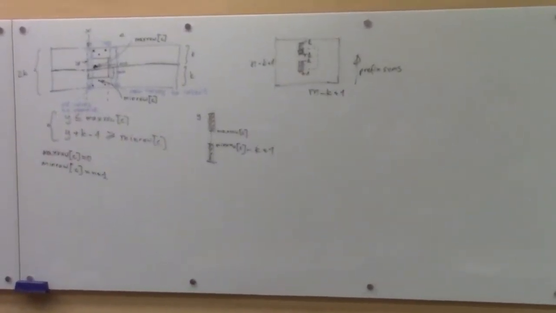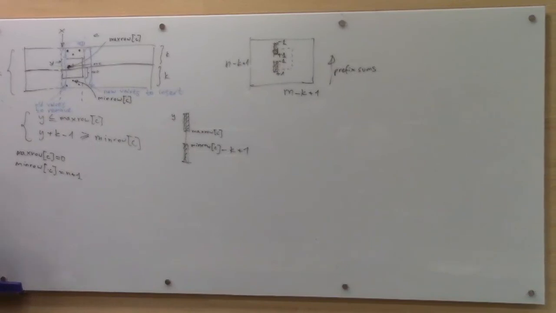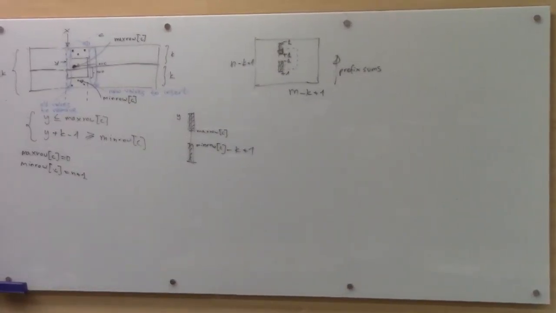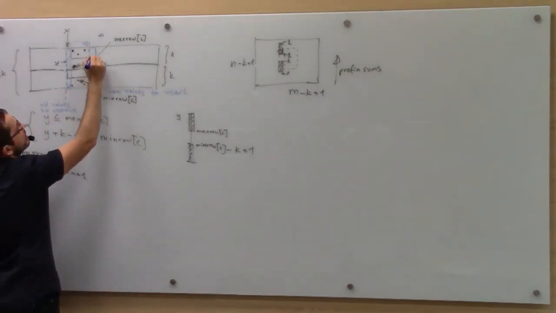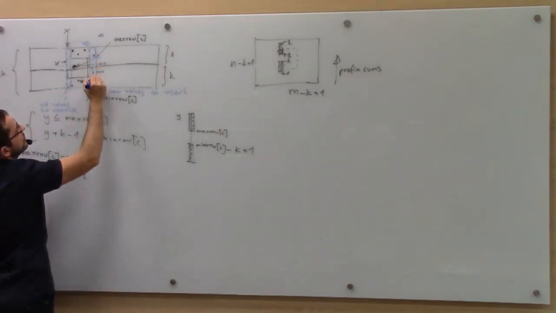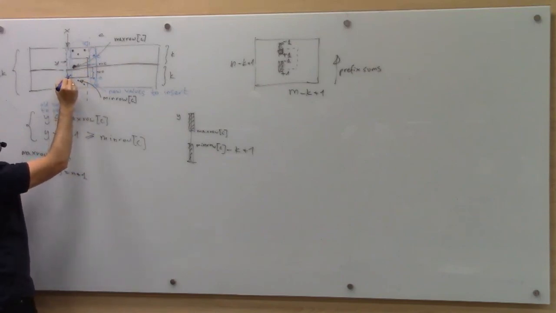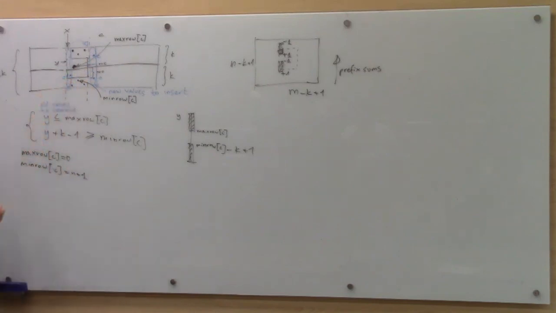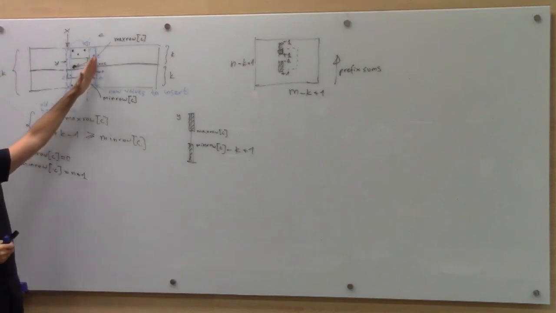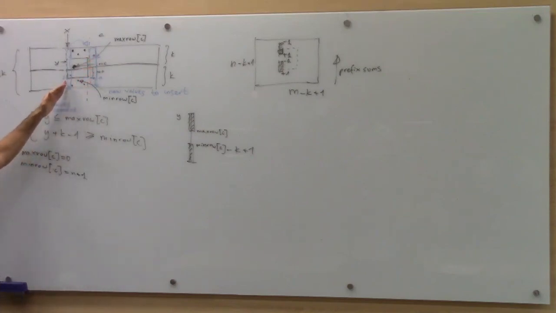So let's once again consider only a specific value of C. Maybe it appears somewhere in this new column, maybe it appeared somewhere in this old column. So we have to insert these new values of C, remove these old values of C, and update max row and min row.